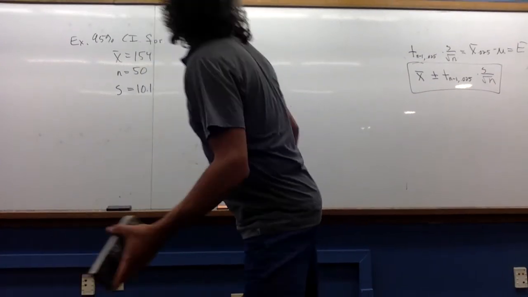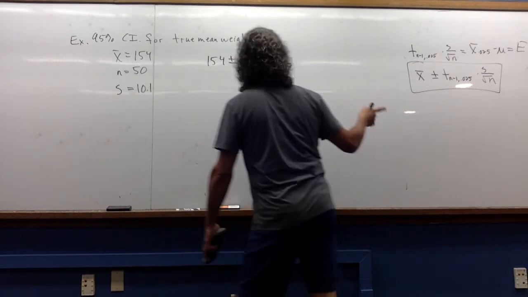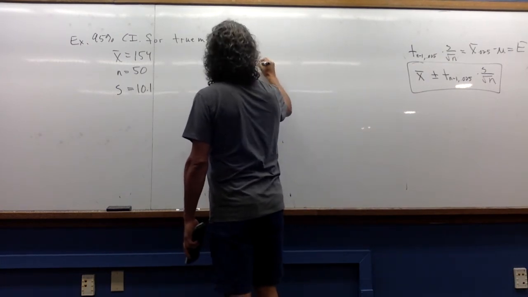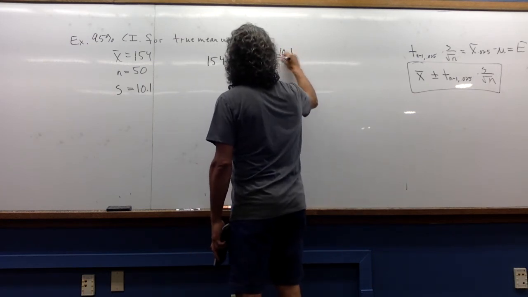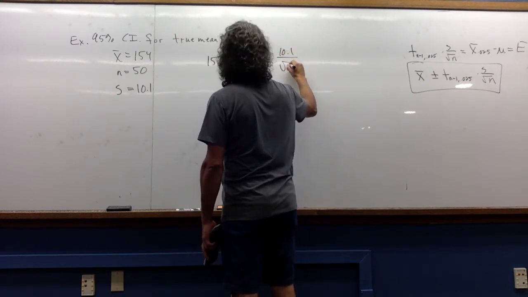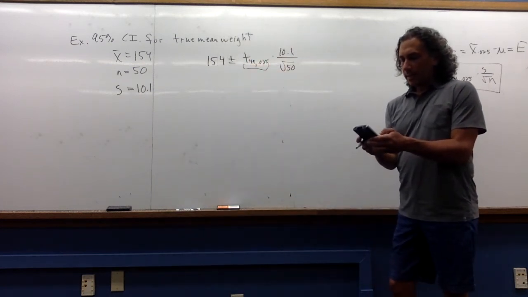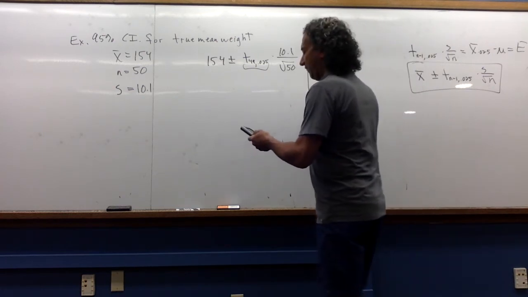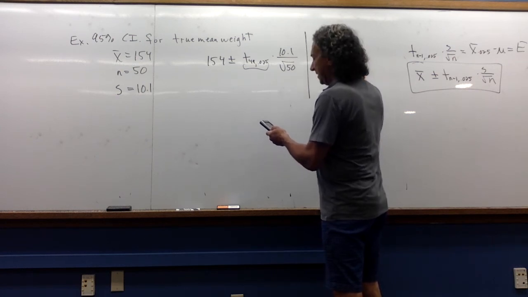Well, in this case, we'll have 154 plus or minus a t-distribution with 49 degrees of freedom, comma 0.025, times s, 10.1, over the square root of n, which is 50. So this is the only new piece. So to get this guy, if you have a TI-84-ish, it's the DISTR key again. And you go to inverse t.